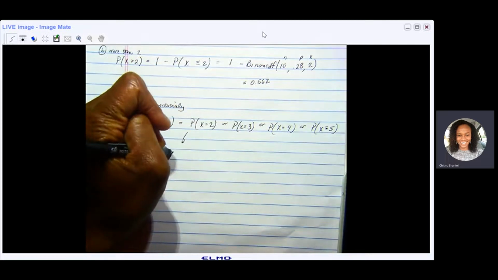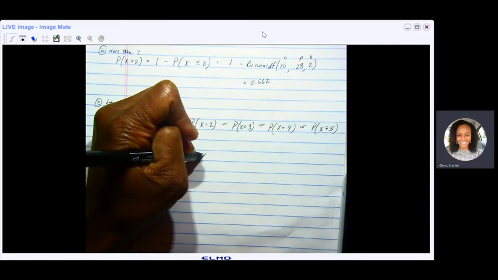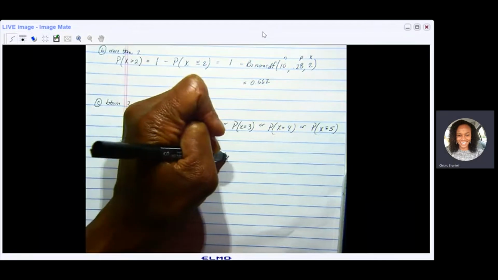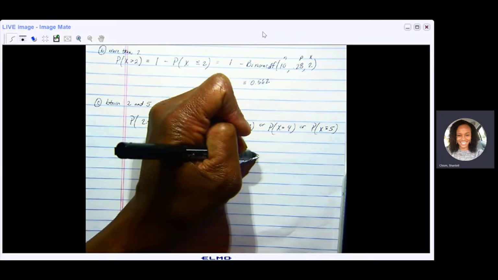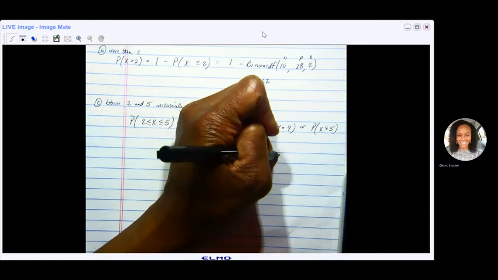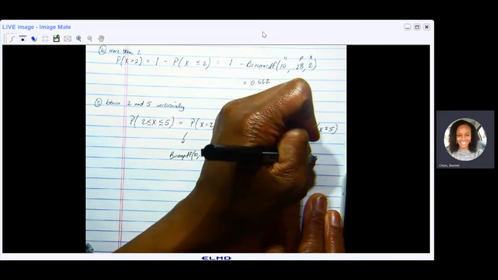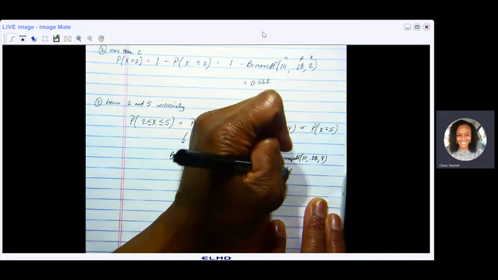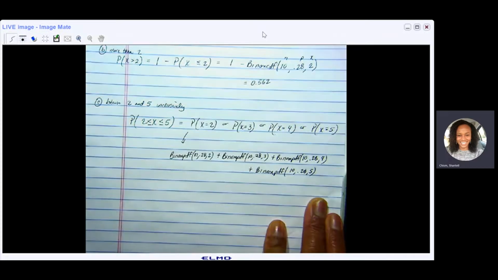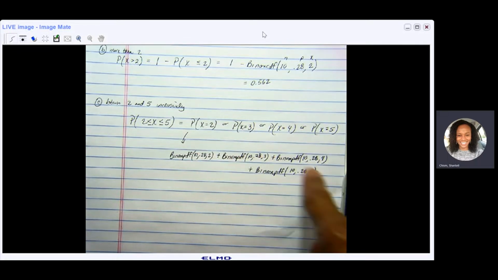So for the 2, we would have binom PDF, because it's exactly 2, 10, 0.28, 2 plus binom PDF for the 3, 10, 0.28, 3 plus binom PDF 10, 0.28, 4, and then lastly binom PDF 10, 0.28, 5. So when it's a single value, we actually can use binom PDF for each of those individual values and then add them up.